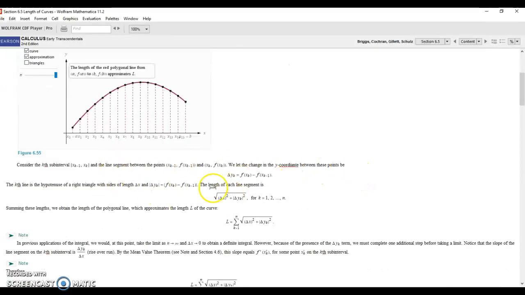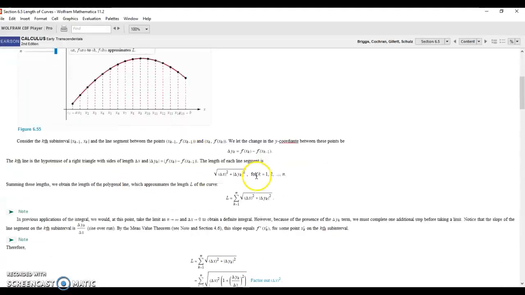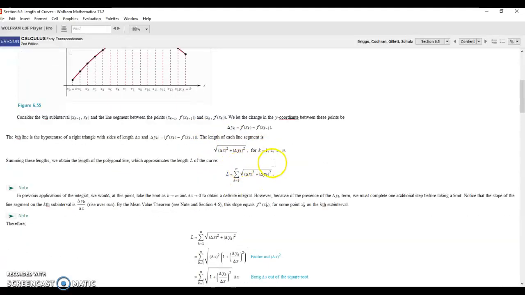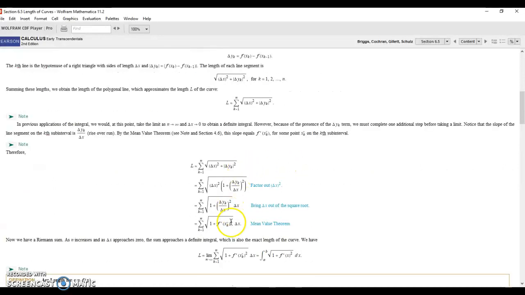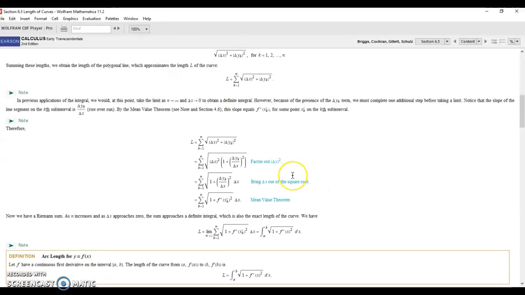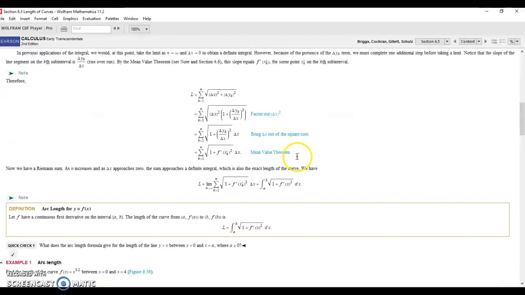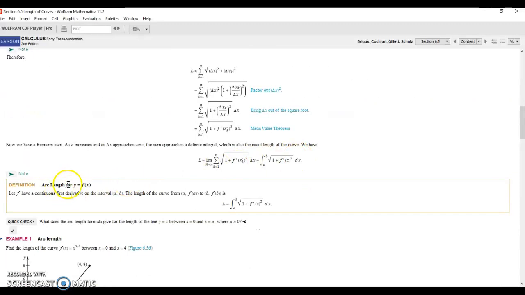And then, you can follow the derivation here if you want. Basically, a little bit of work has to be done to get to this formula. And actually, you have to use the mean value theorem back from Calculus 1 to do this derivation. But in the end, you end up with an arc length formula for y equals f of x.